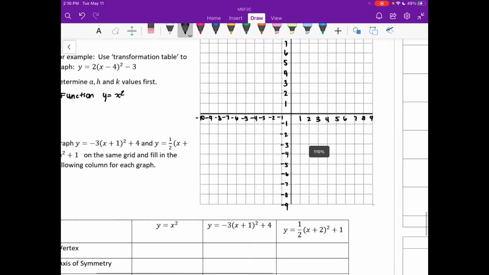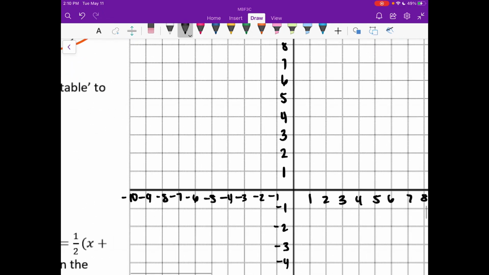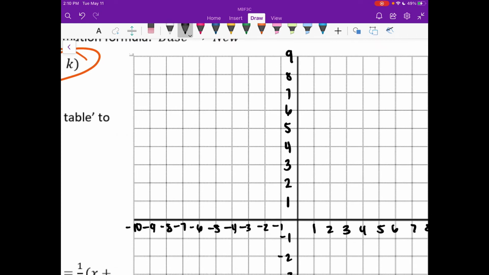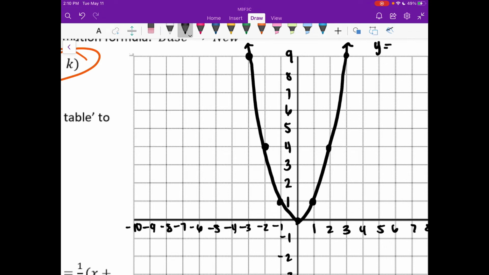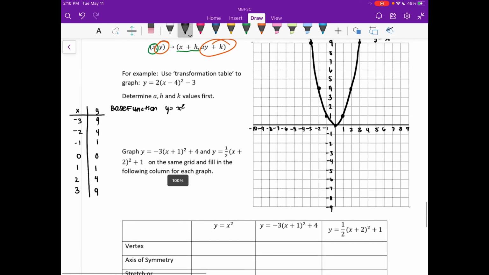All right, and now that I have my grid there, let's go put in our dots. So -3 goes up to 9. -2 goes up to 4. -1, 0, 2 goes up to 4. 3 goes up to 9. So I'm just going to draw in my base function, which is y equals x squared. Right. Then we're going to go in and we're going to find our new dots.